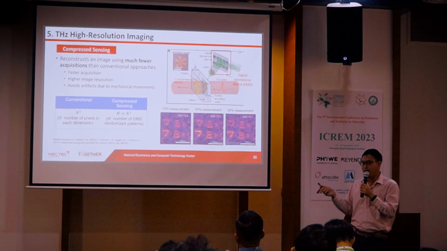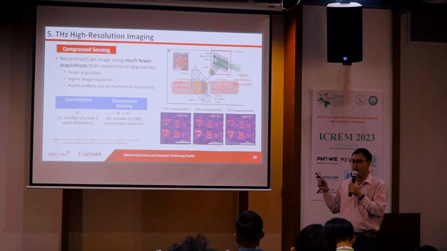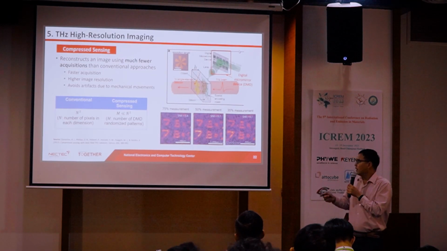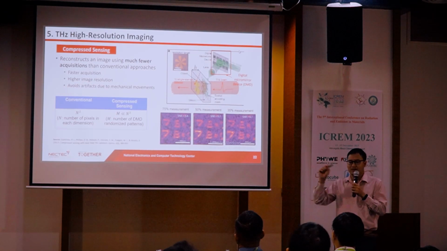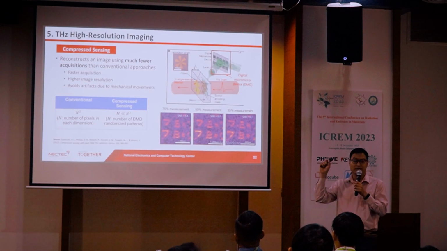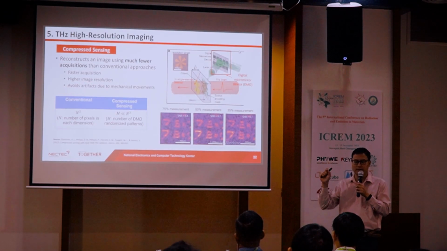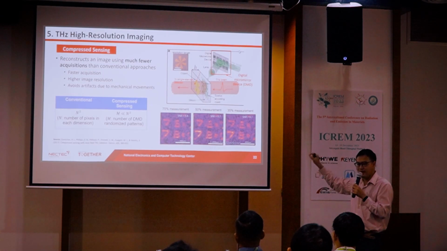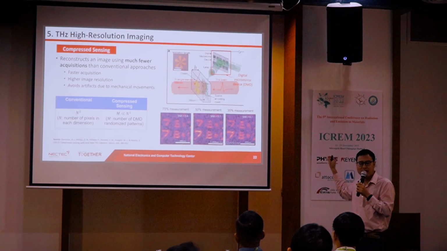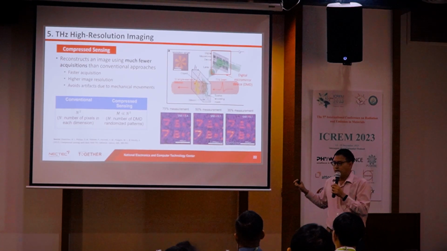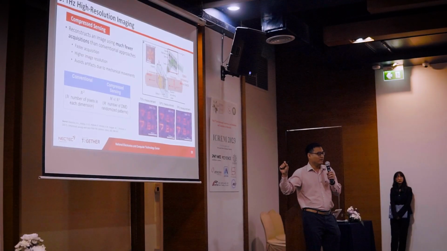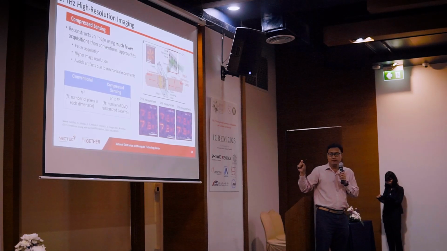Let me give you an example of how that works. If you want to create a two-dimensional image from a single pixel detector, you have to scan pixel by pixel until you have acquired the data for all the pixels, right? And that takes a lot of time because you have to raster scan every pixel.